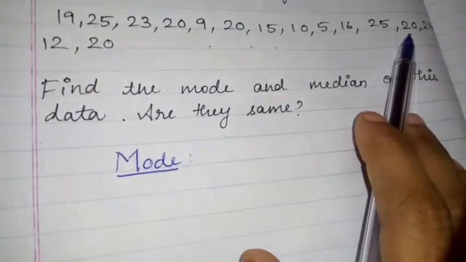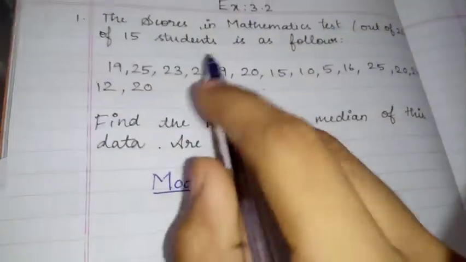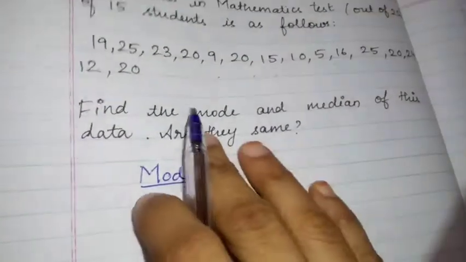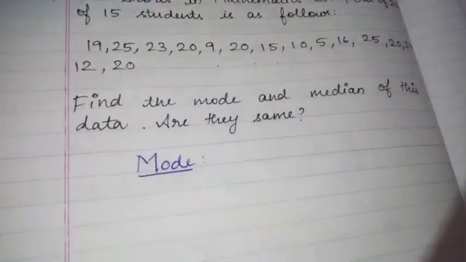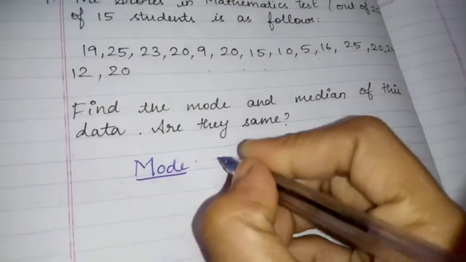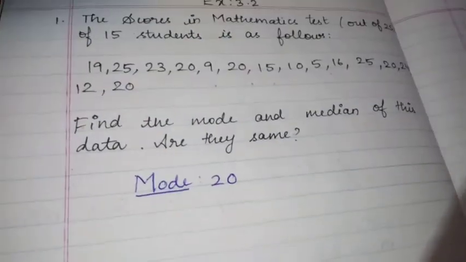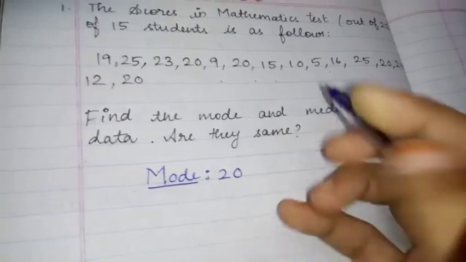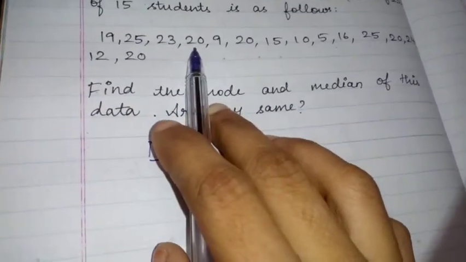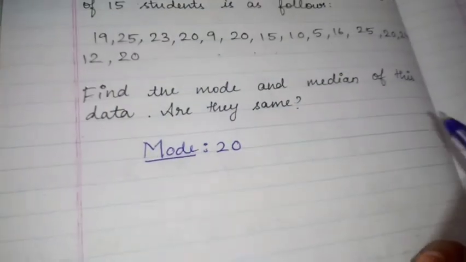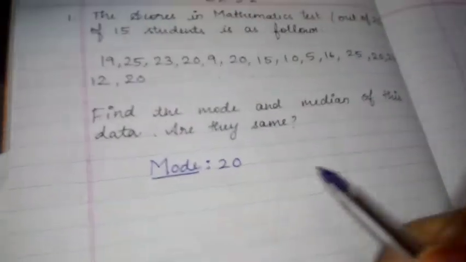That's all. The most repeated is 20 because the number 20 is repeated 4 times. So we are going to write the mode as 20. What is our mode value, children? 20. Listen, here 25 is also repeated and 20 is also repeated, but 20 is repeated most often. So we are writing the mode value as 20.